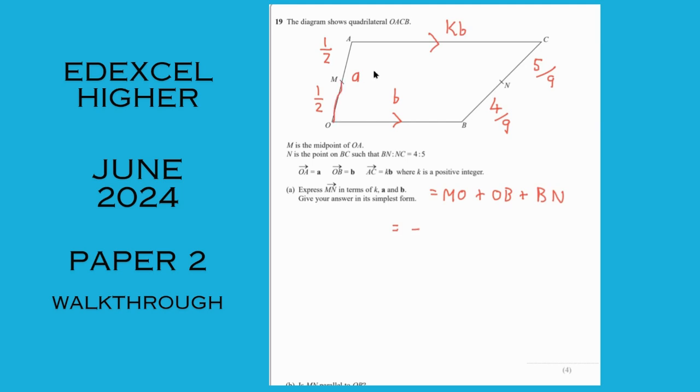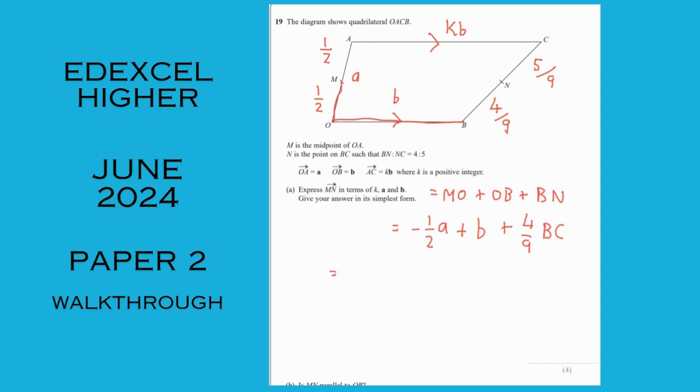M to O is negative a half A. We're going against A, and it's a half of the whole line. O to B is the easy bit. That's just B. But B to N is the tricky bit. It's 4/9 of B to C, and we haven't really looked at B to C.